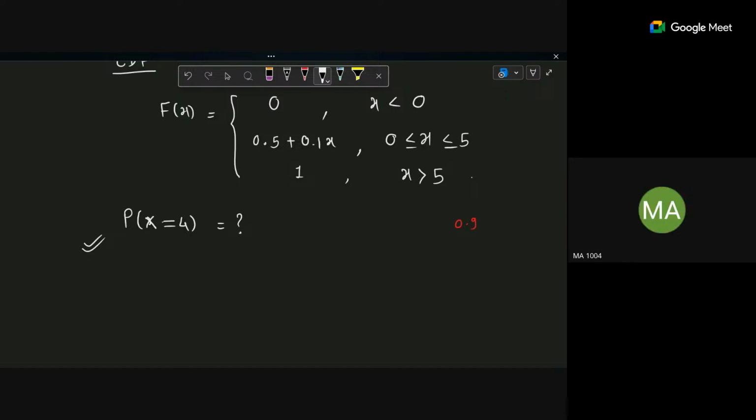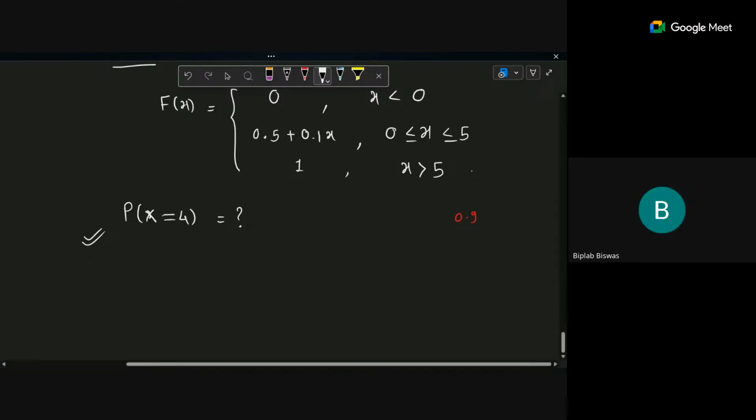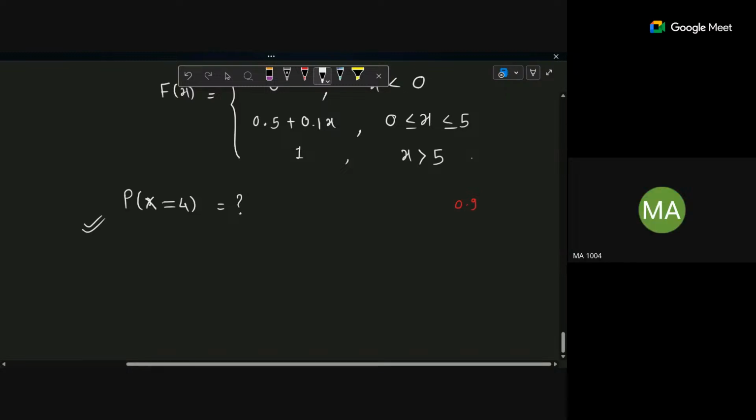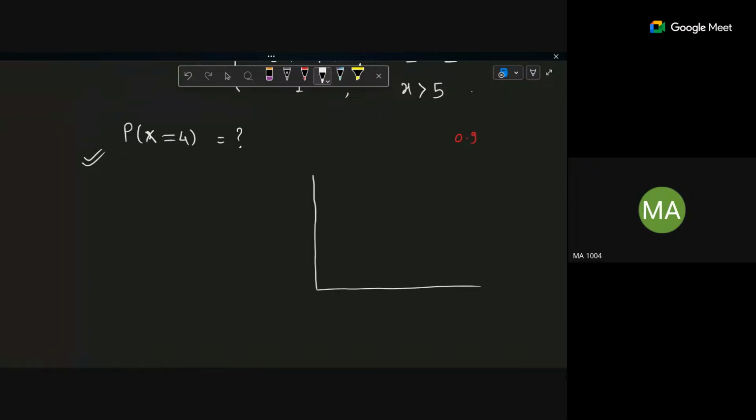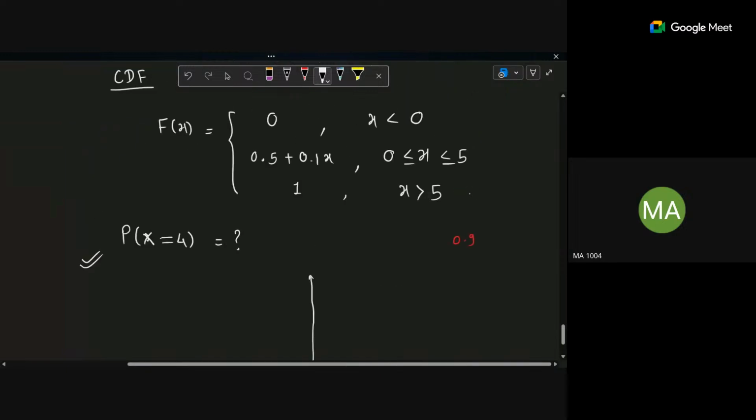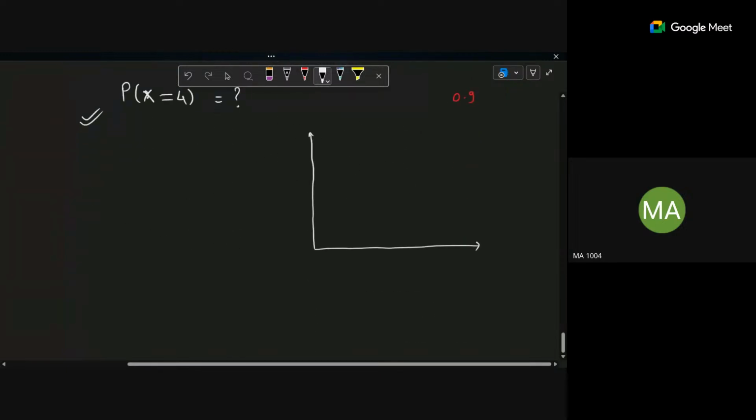Or it is kind of y is equal to mx plus c. Yes. Okay, I'm plotting here. So x 0, 5 and more than 5, right?